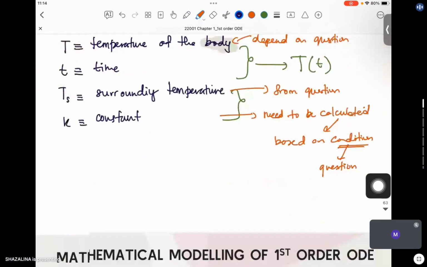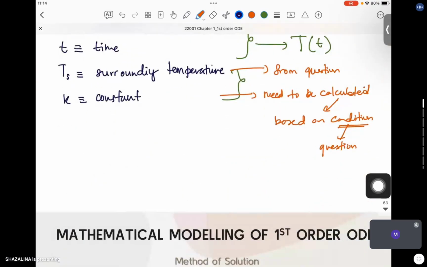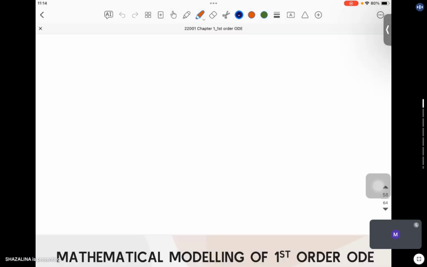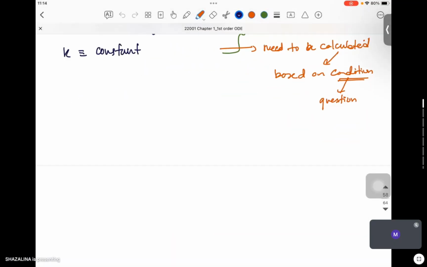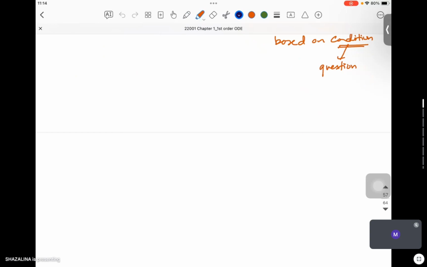Okay, from the differential equation, kita kena selesaikan. We need to solve the differential equation. dT/dt equals negative k (T minus Ts).